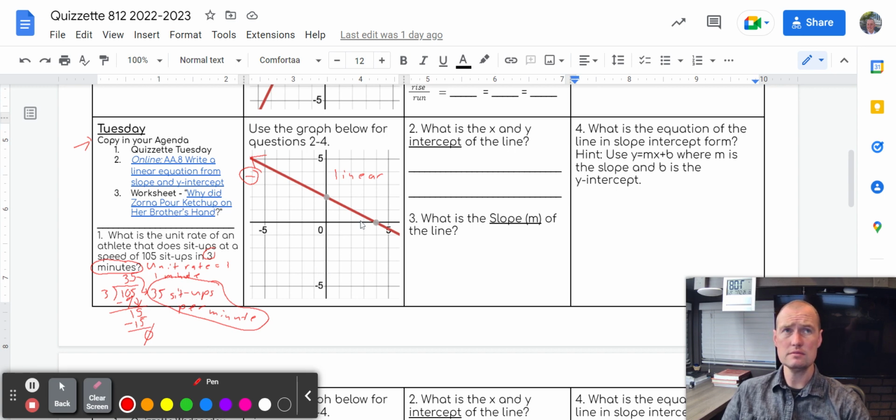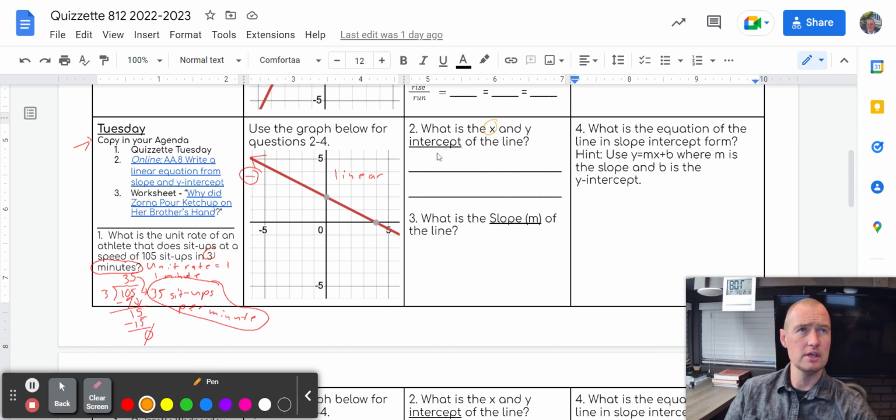All right. Number 2, what is the x and y intercept of the line? So when we talk about intercept, we're looking for where the line crosses. So let's start with the x-intercept. Now, can you remember from yesterday, what does the word intercept mean? Because we wrote down a note to remind us of what the intercept means.